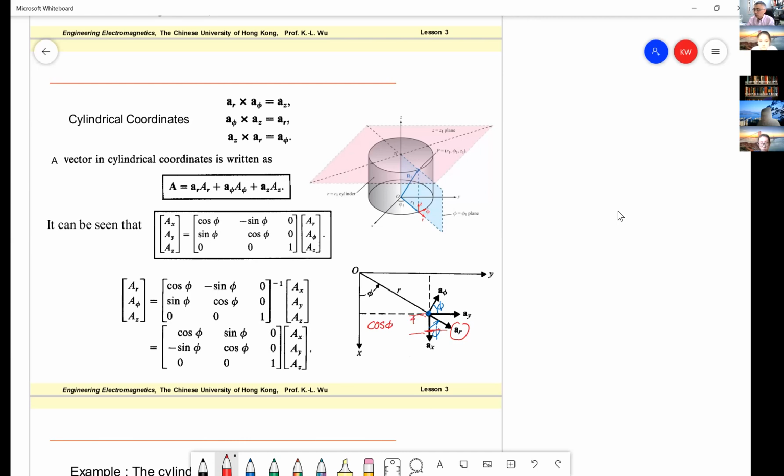This is the projection. Then the projection to the y-axis: this is AR times sine phi, right? This is sine phi. So AR is a sine phi.